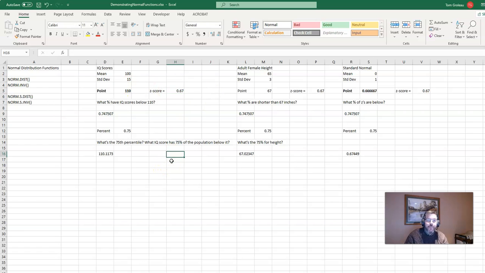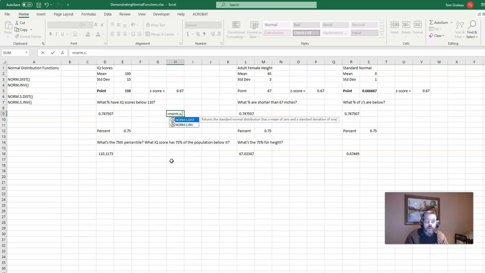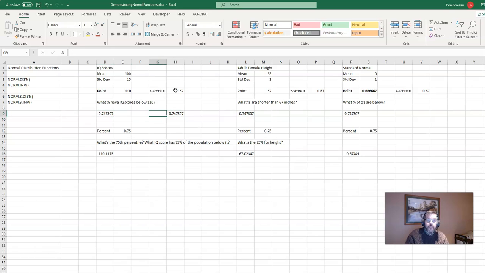So if I wanted to find this same percent with the standard, I would say equal norm.s.dist, and all it asks for is what's your z-score, because it assumes you've done a z-score, therefore the mean is 0, the standard deviation of 1. And do you want cumulative? So I can go from a mean, standard deviation and a point right to the norm.dist, or a mean, standard deviation and a z-score and the norm.s.dist.